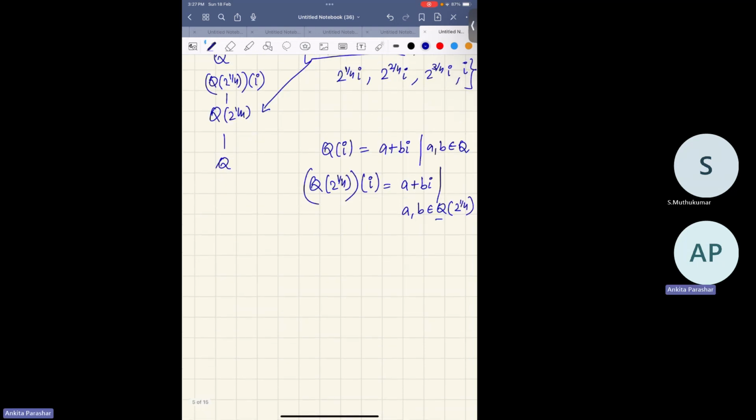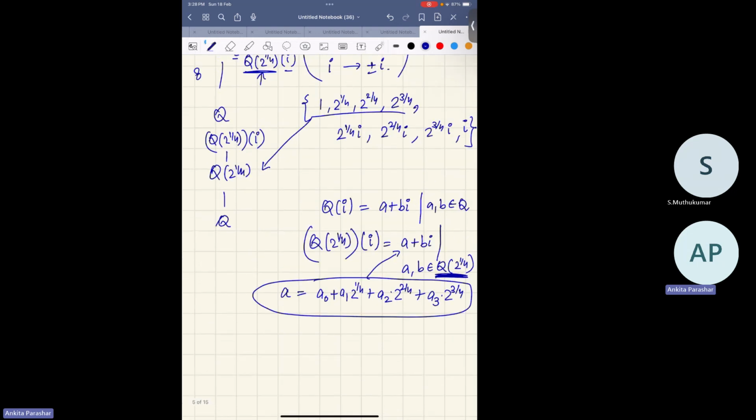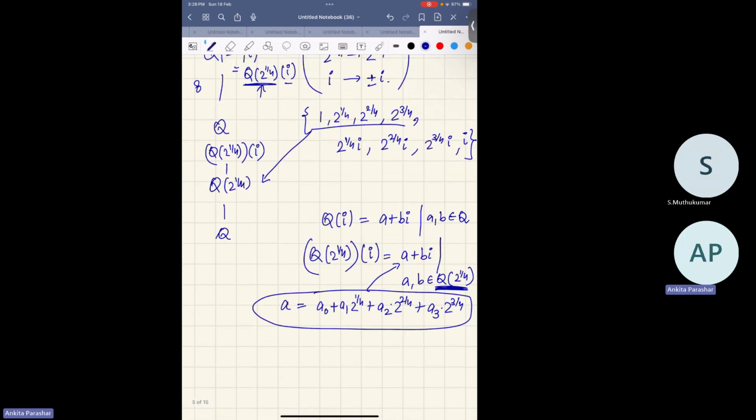But the basis of this is that you can write any element a like a0 plus a1 2 power 1 by 4, a2 2 power 2 by 4, a3 2 power 3 by 4, right? You can write any a like that. Substitute this, you will get what we want. Do you understand? Yes. Okay.